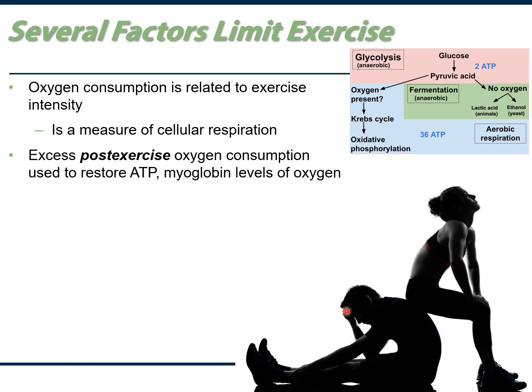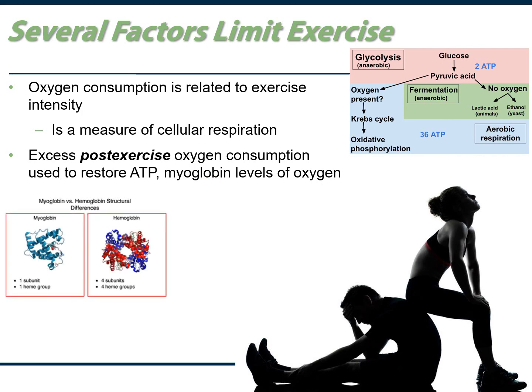So like these two folks right here who are resting after exercise, what's happening is we're using oxygen in order to restore our creatine phosphate, to restore oxygen levels in a secondary oxygen delivery system to the muscles. And that secondary system, sort of like glycogen is to glucose, myoglobin is to oxygen.